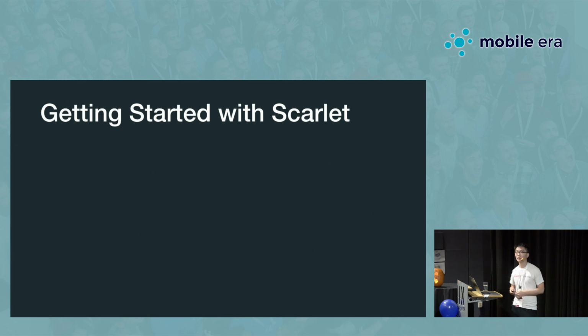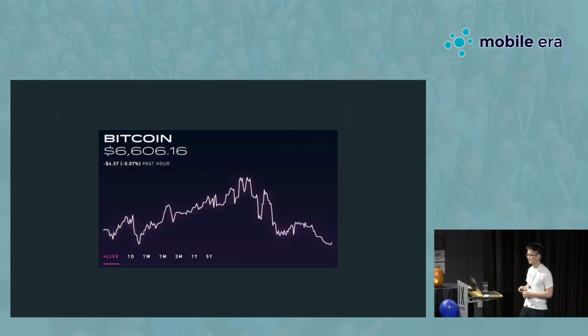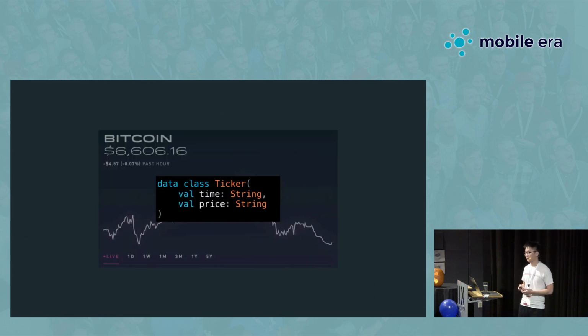Let's see a real-world example. Let's use Scarlet to add a real-time Bitcoin price to our app. To draw such a graph, we need data points. We call each data point a ticker. A ticker represents the Bitcoin price at a point in time.